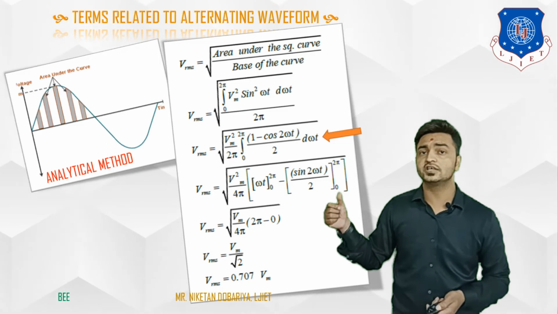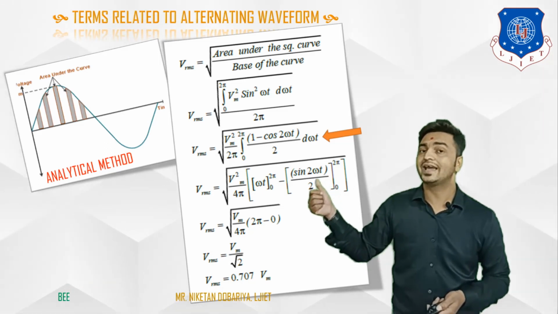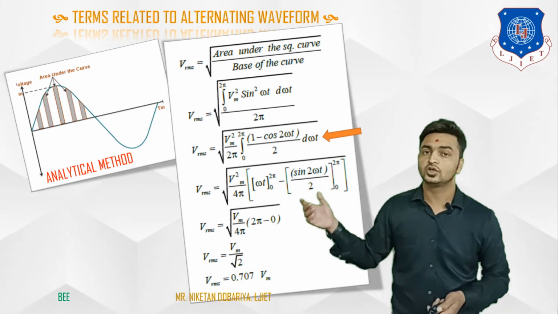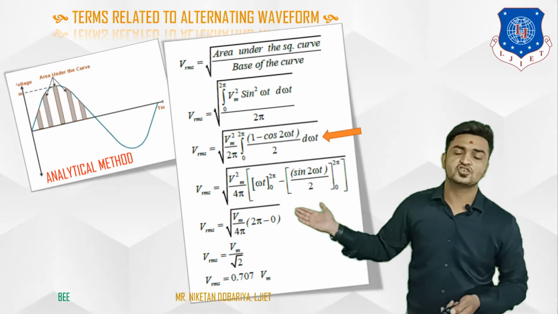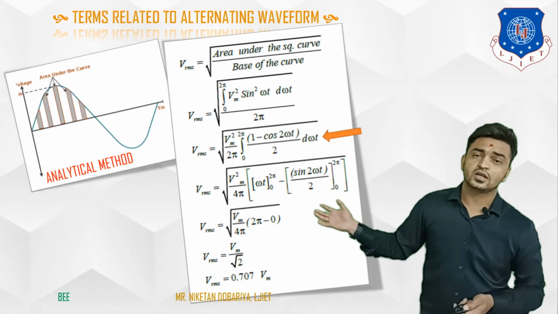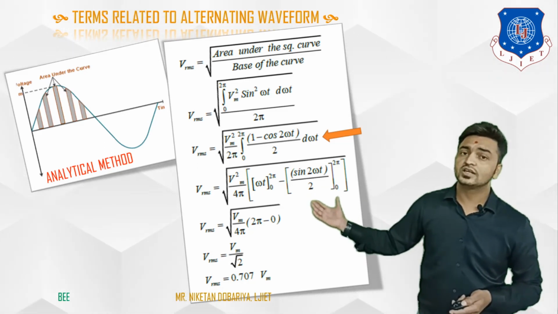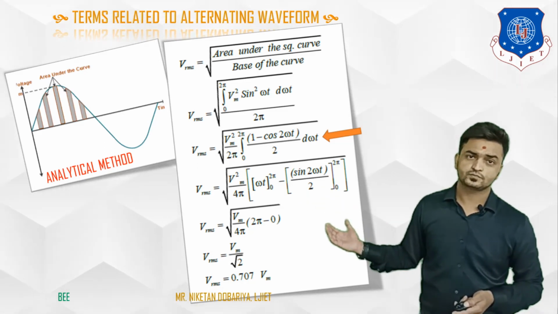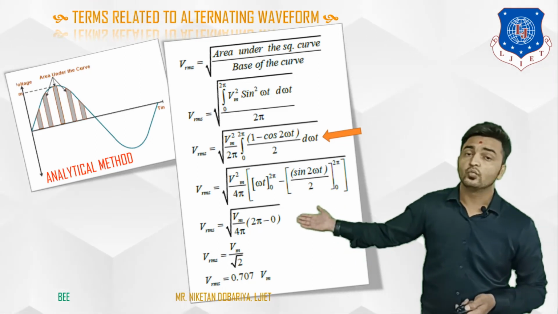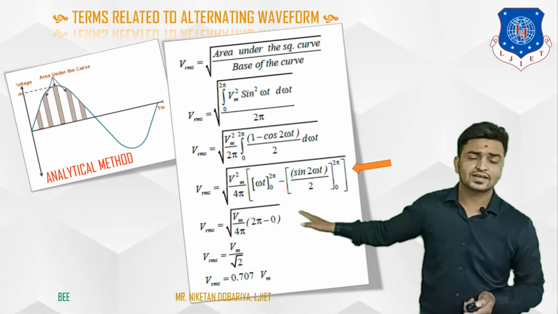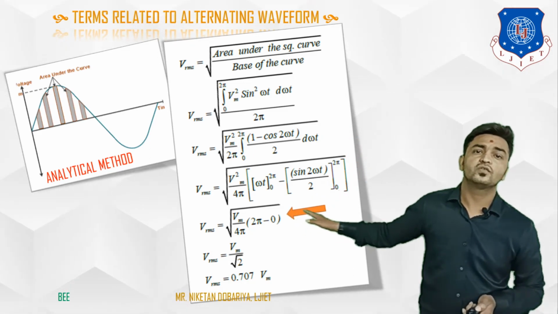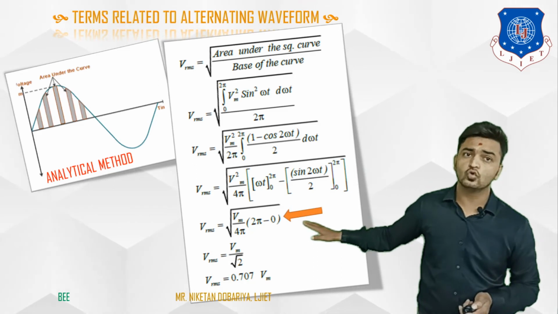Similarly, if you put 0 into this limit, sin 0 is again 0. So both values for this term are going to be 0, which is mentioned over here. So in the bracket, we have the value 2 pi minus 0. And here we have 2 pi, and in division we have 4 pi, so that will cancel each other out, and we will get 1 by 2 over here.